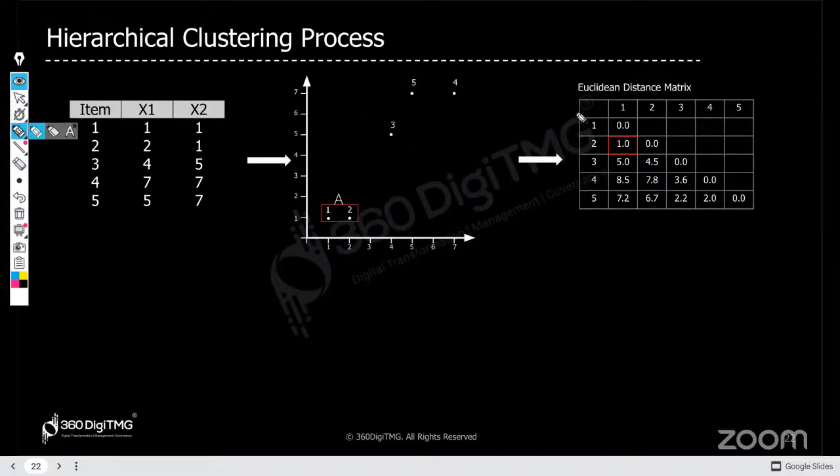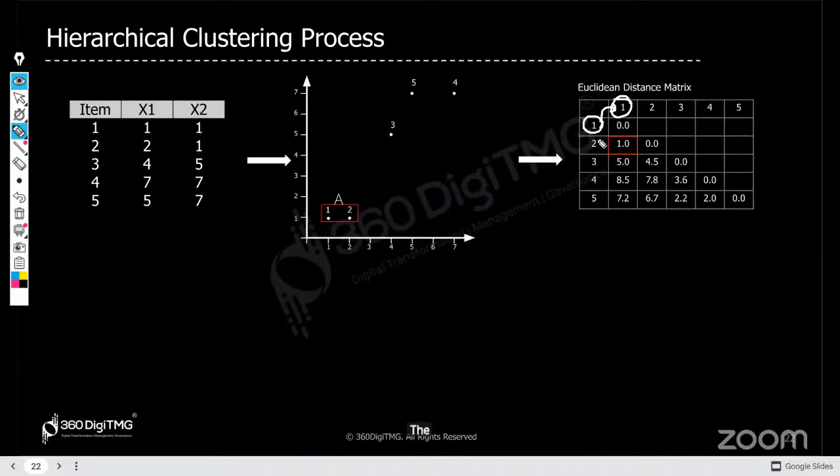This matrix showcases the distance of one with itself. We have studied that the distance of one data point with itself is 0.